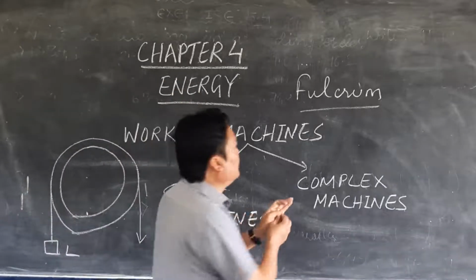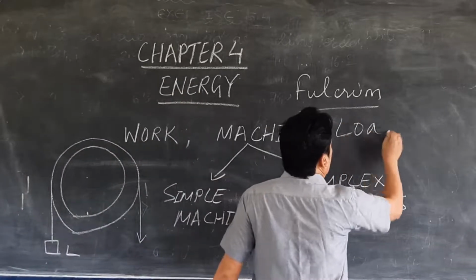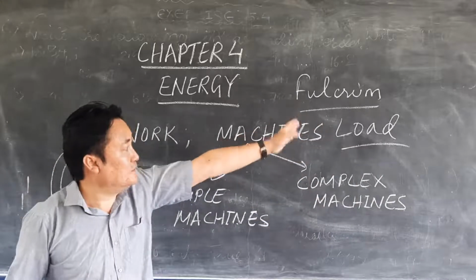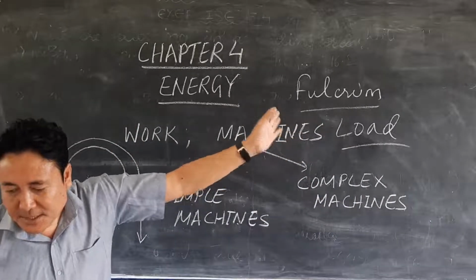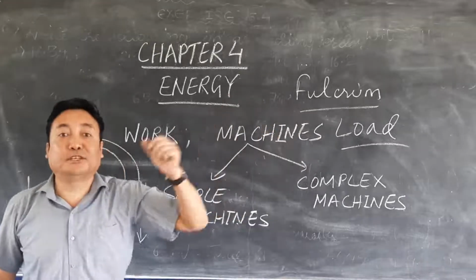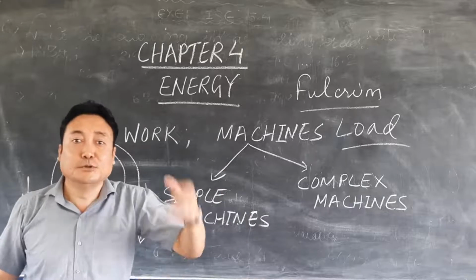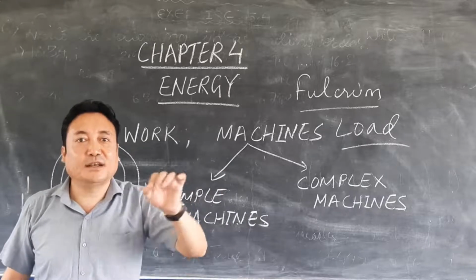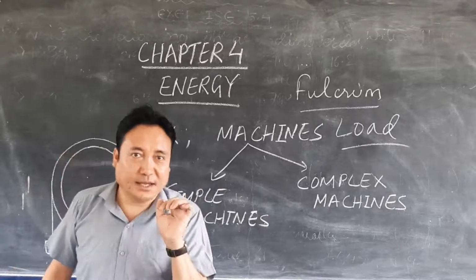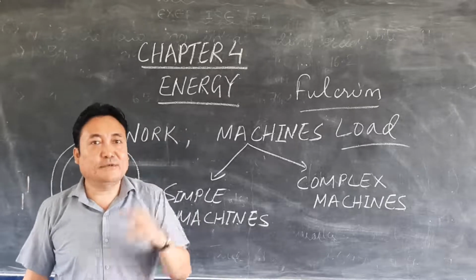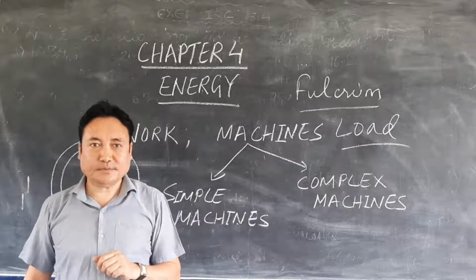And the next one is the load. The first one is the fulcrum, and after the fulcrum we come to the load. Load means the force exerted by the machine. When the machine gives a force to move the object, we call it a load. Let me give another example: a pair of scissors and a cloth.